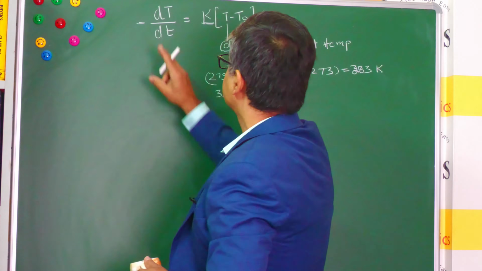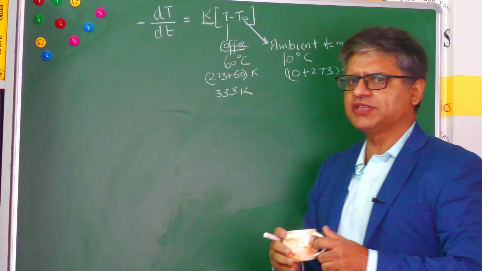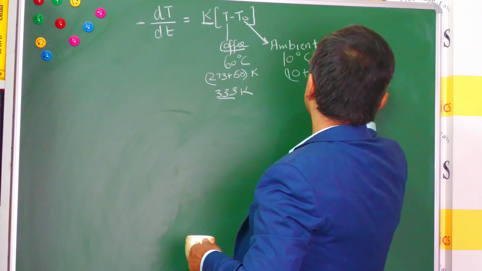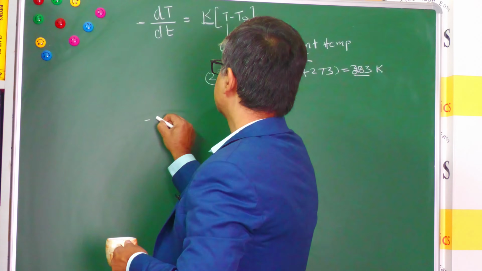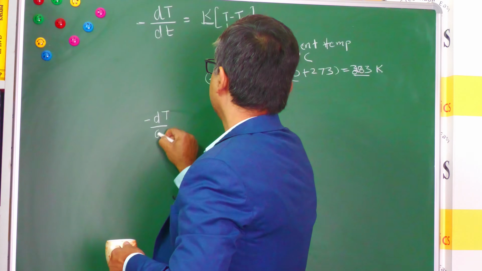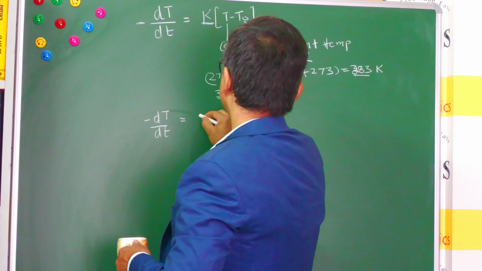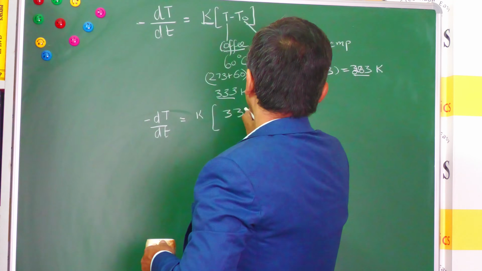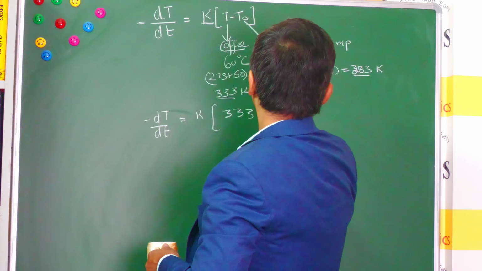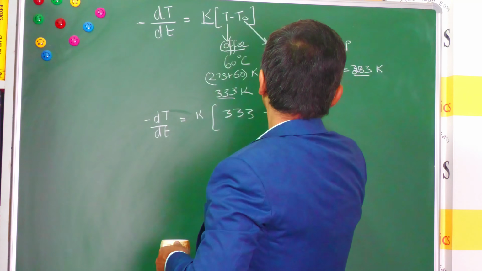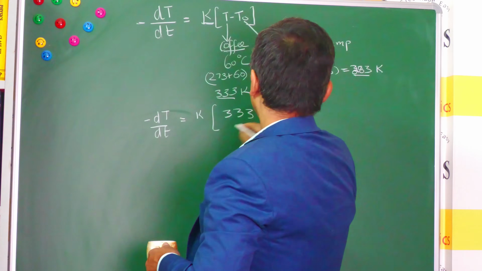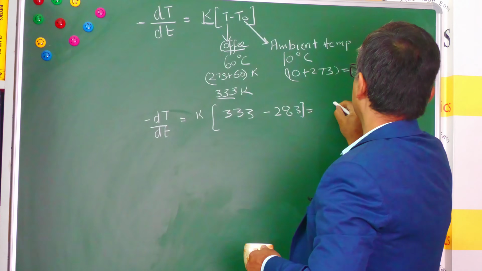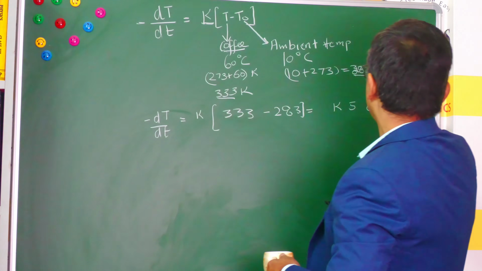When I started having coffee, my temperature was 333 and the surroundings 283. So my rate was minus dT by dt equals K times (333 minus 283), which gives 50 K. This is my equation number one.